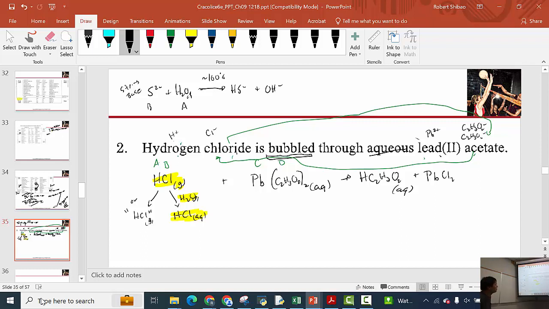Okay, so what we're doing is we're going from hydrochloric acid on the reactant side to acetic acid on the product side. Are we going uphill or downhill? We're going downhill because we're going from what we call an SA. SA stands for stronger acid. It doesn't have to be strong, it just has to be stronger. And HCl happens to also be strong. To WA. WA means weaker acid.